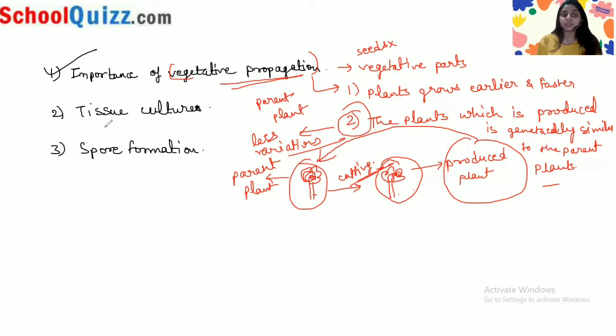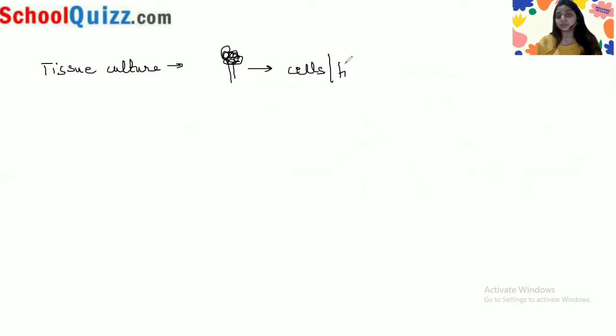So let's move to tissue culture. What is tissue culture? It is a scientific method in which we take a plant, let's say this is a plant, and we take the cells or the tissues of this plant.